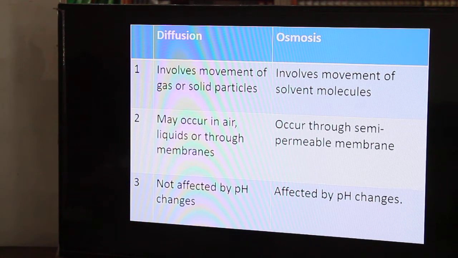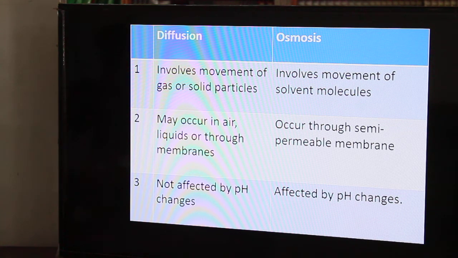We have gases which have different smells, and normally they spread all over from where their concentration is high to where their concentration is low. So diffusion involves the movement of gas particles.